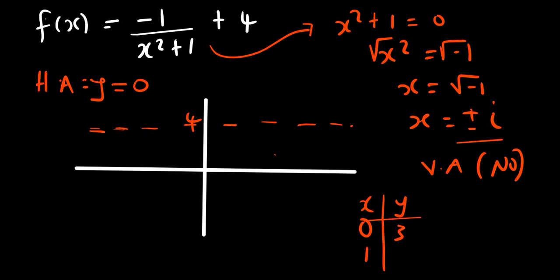What if we put a 1? If we put a 1 here, you have 1 squared plus 1, that is just a 1, then 1 plus 1, that is 2. So you have negative half plus 4. Okay, when you solve that, you get a number like 7/2.